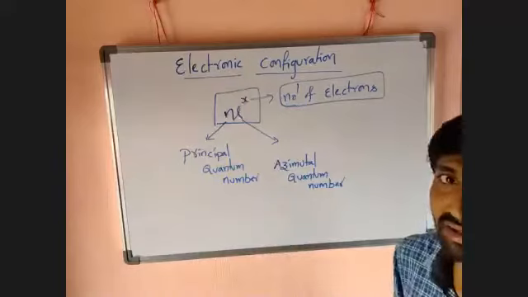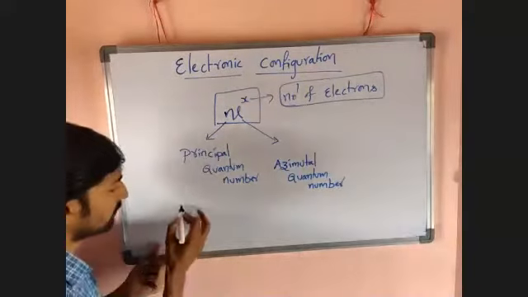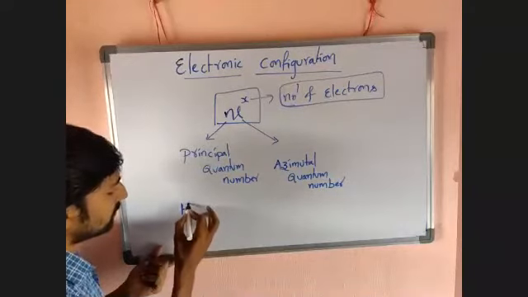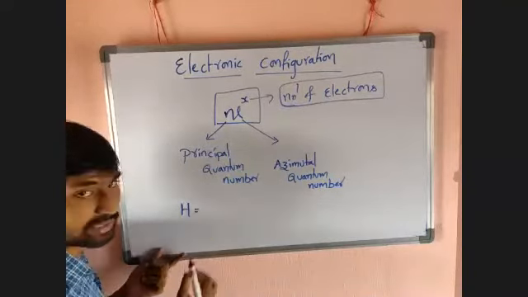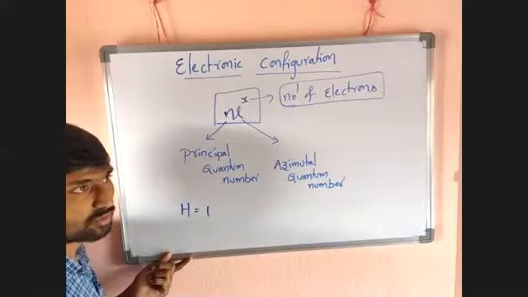Number of electrons. We know, what is the atomic number of hydrogen? The atomic number of hydrogen is 1.